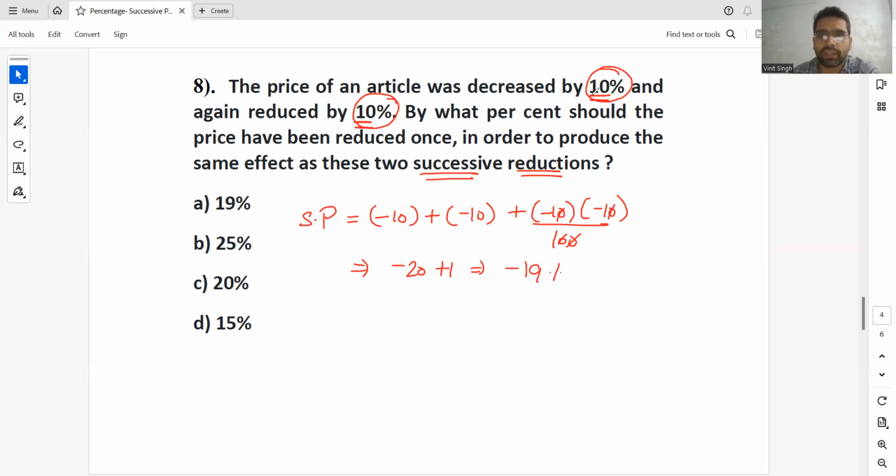Now here two percentages are given, 10% and 10% reduced, but the total effective reduction will be 19%. We have to find only the single percentage. These two are given, but we have to find the effective decrease, which is equal to 19%. So option A. Next question.